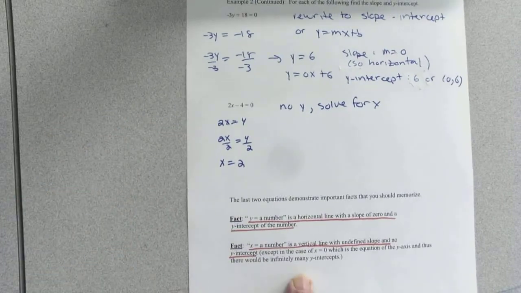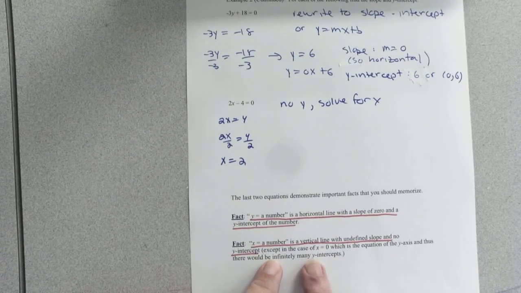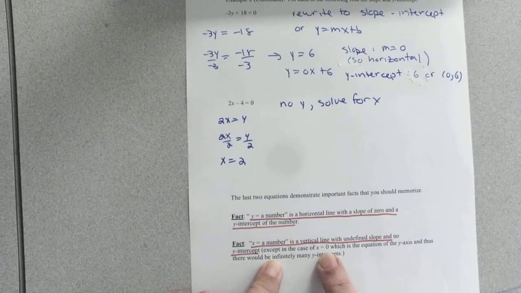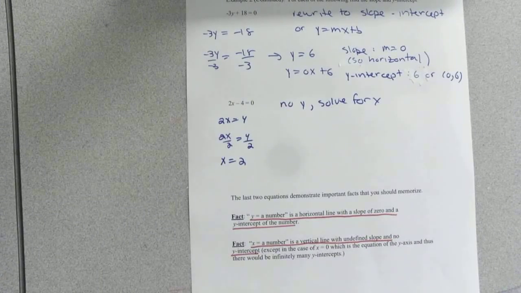Now there's one caveat that I do throw in there, trying to be a perfect teacher, which is kind of a stupid thing. No one can be perfect. But if I'm attempting to be a perfect teacher, I would then tell you that there's no y-intercept except in the case of x equals 0. The line x equals 0 is the equation of the y-axis. It's the y-axis itself.